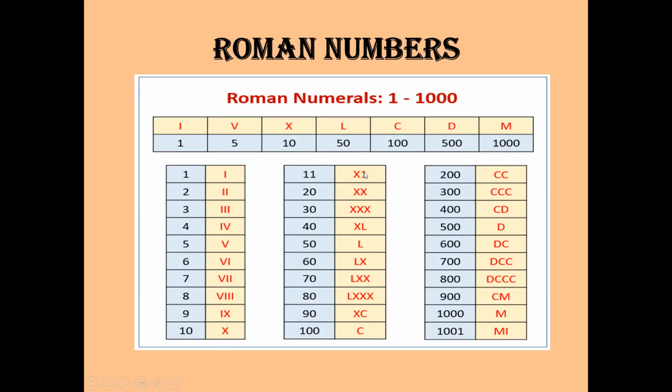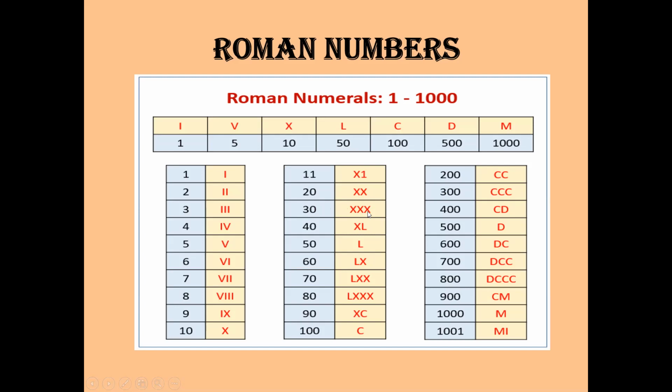We add I on the right side of the letter X. XI means 11. XII is 12, and so on. Now if you want to write 20, 10 plus 10. As you know, X is 10, so 10 plus 10 is 20. If you want to write 30, 30 means X plus X plus X.